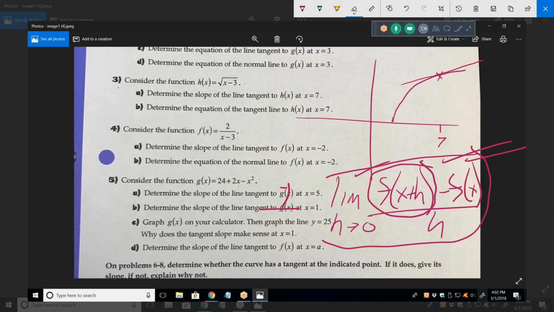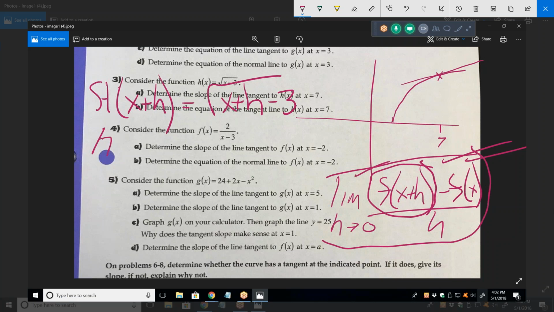Whereas the one on the left works for one value only, at x equals 7. So if we do the one on the right, f of x plus h is square root of x plus h minus 3.